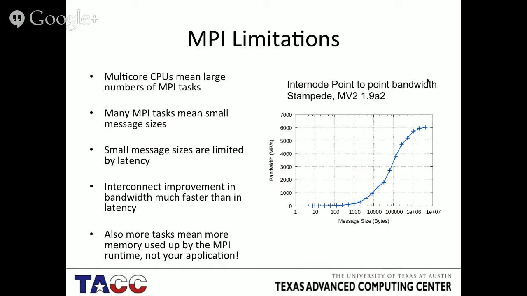So if you have many, many tasks, and each of them is working on a fairly small volume, your message sizes are going to be small. Your efficiency in the exchange of messages is going to drop down in this figure. And overall, you're not going to see very good performance, even though you're doing everything correctly in the code. When you use OpenMP or another threading model, you have fewer tasks and a larger volume per task.